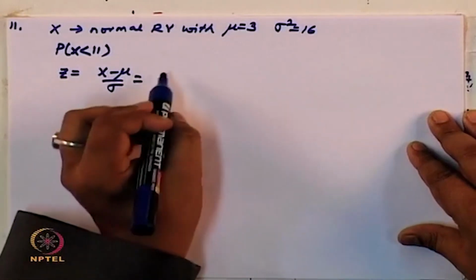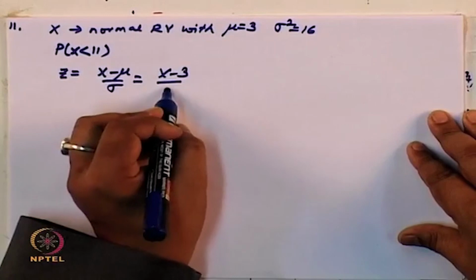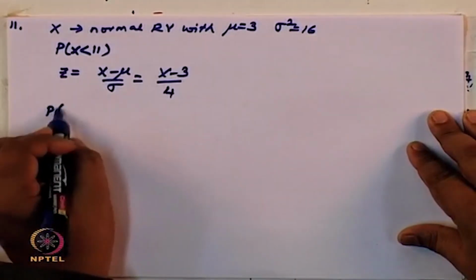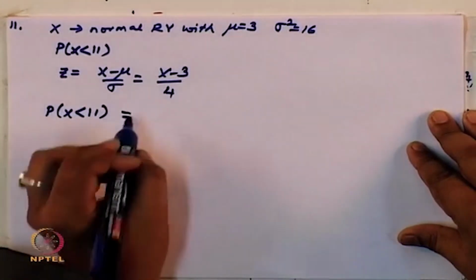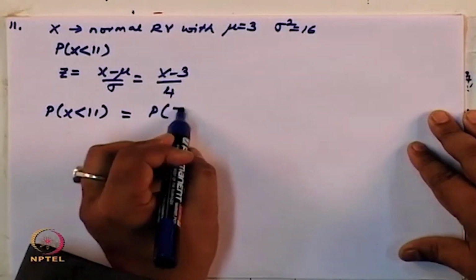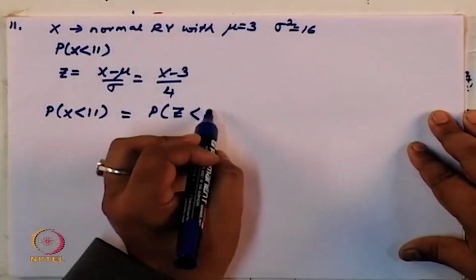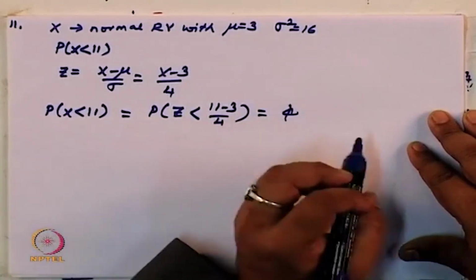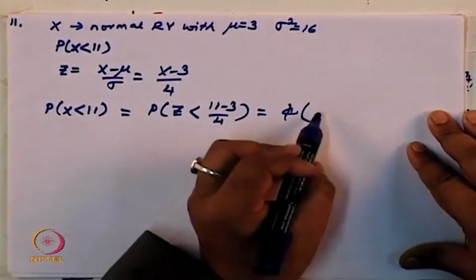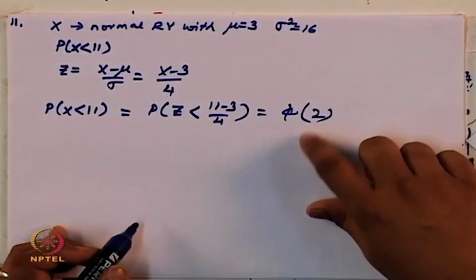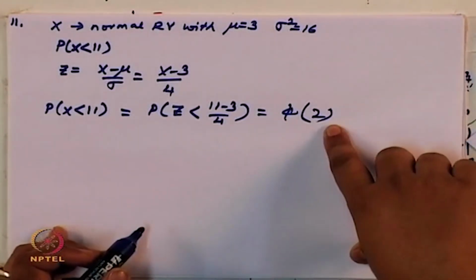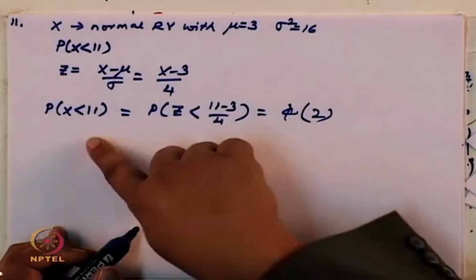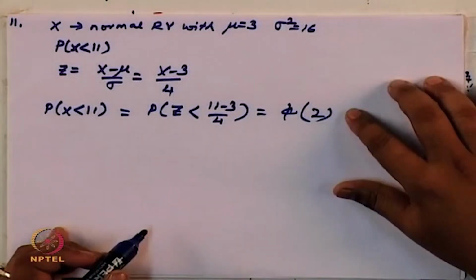In this case, it is (x minus 3) by 4. So, the probability of x less than 11 is the probability of z less than (11 minus 3) by 4, which is equal to phi of 2. You can find out the value just by looking up the table.